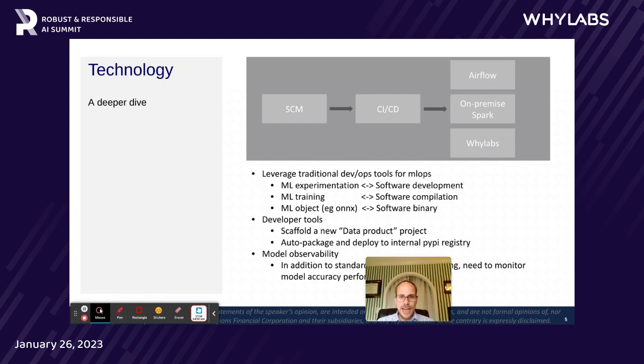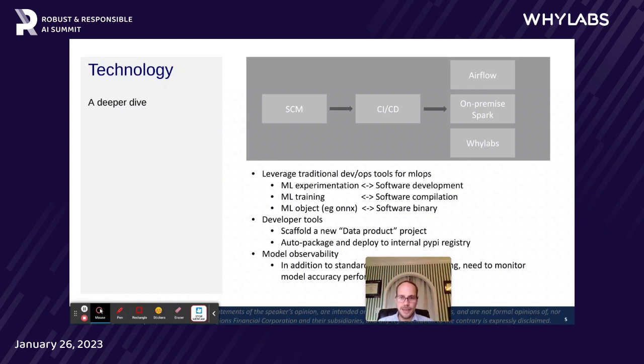So we developed the scaffolding to enable the CI/CD process. We also included developer tools. We had a very basic CLI tool called Create Data Product, and when data scientists wanted to make a new project, they would type in Create Data Product. There'd be a few questions that they would put into the CLI tool, and it would scaffold a structure for their code in such a way that they would know where to put their Python code, which had the CI/CD templates already built out.